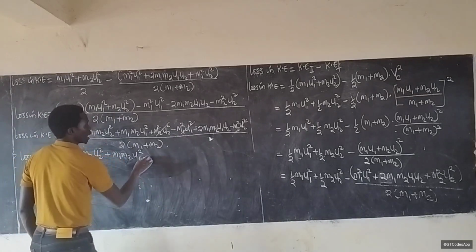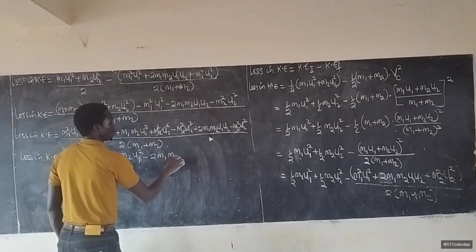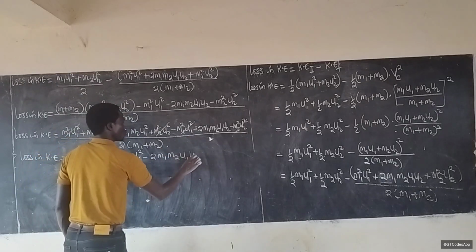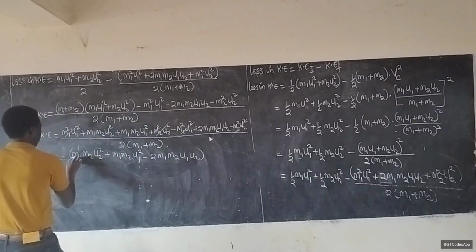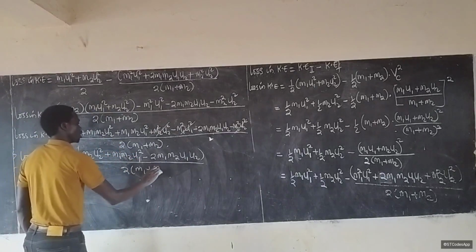Then comes here minus 2 M1 M2 U1 U2, like that. So out of 2 open bracket M1 plus M2.